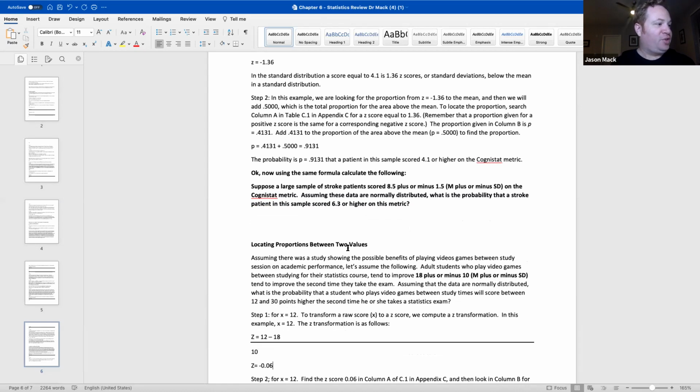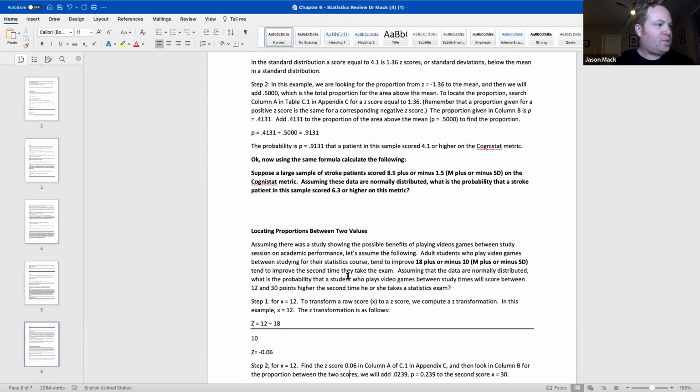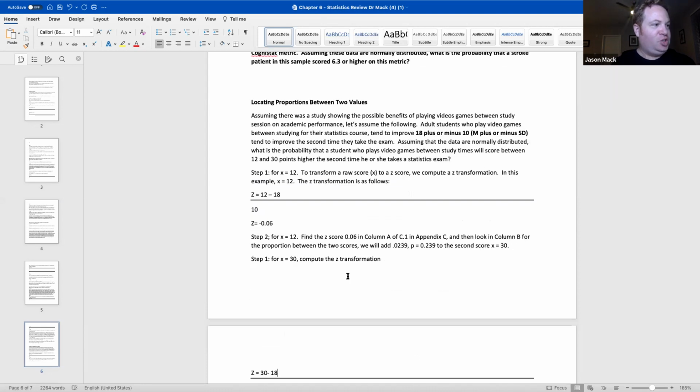Adults who play video games between studying for their statistics course tend to improve 18 plus or minus 10 standard deviations the second time they take an exam. Assuming the data are normally distributed, what is the probability that a student who plays video games between study times will score between 12 and 30 points higher the second time he or she takes a statistics exam?